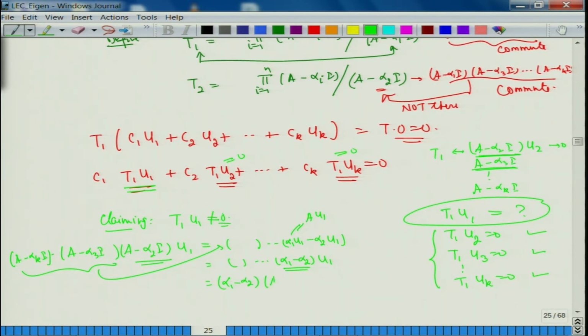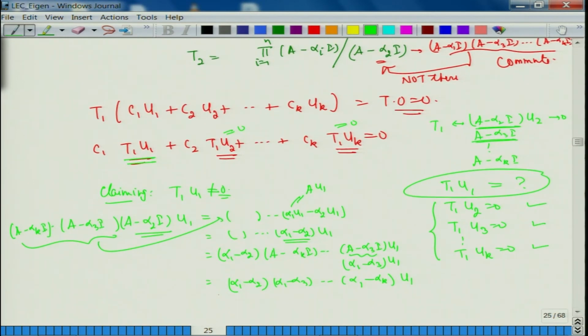Then I will get A minus alpha k of I, and so on till A minus alpha 3 of I times U1. Again, just multiply it out, you will get alpha 1 minus alpha 3 times U1. So at each stage we just get this. If I do the whole calculation, I will get alpha 1 minus alpha 2, alpha 1 minus alpha 3, and so on till alpha 1 minus alpha k, times U1.